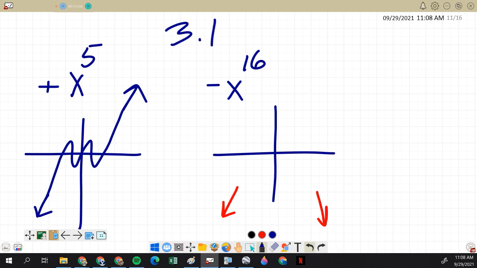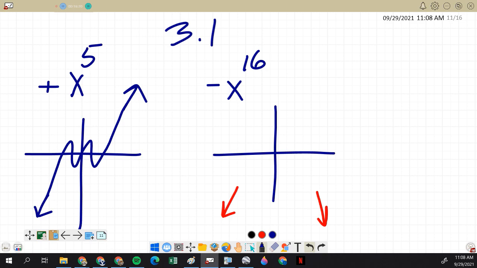That's the basic shape. And then whatever happens in the middle is anybody's guess. You need all the other information. So we don't know the position. We don't know the direction changes. We don't know how many roots. But just looking at the degree and the leading coefficient, we can guarantee that the left and the right sides both go down.